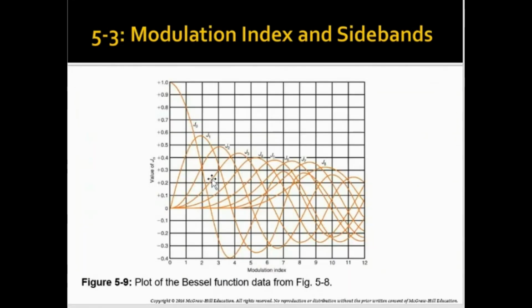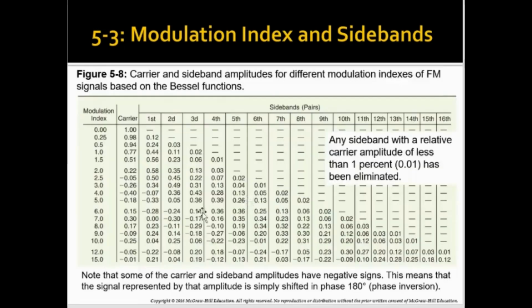You can see sideband J3, or the third one, for modulation index of 5 is somewhere here, which is, as we just said, about 0.36. So if you want to use the Bessel function in the graph, this is what you need to find by yourself. If you want to use the table, it is a little bit easier.